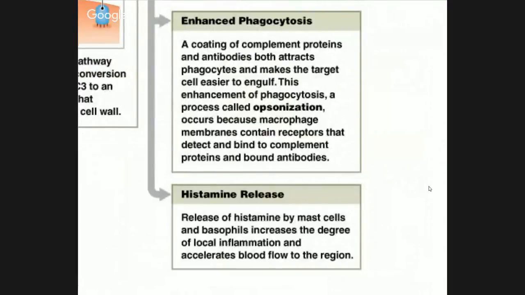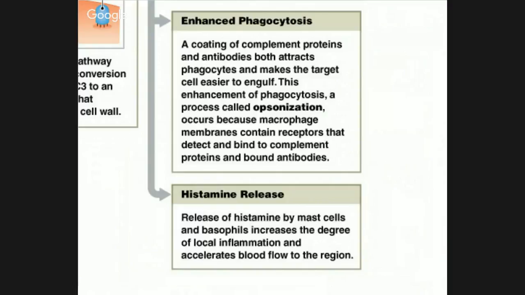In the process of everything I just described, it will enhance phagocytosis, which means to attract phagocytes to the now marked cellular pathogen so that the phagocytes can engulf and destroy them more quickly. That process is, in a very general sense, called opsonization. Complement is not the only thing that causes opsonization, but this is one thing it does.